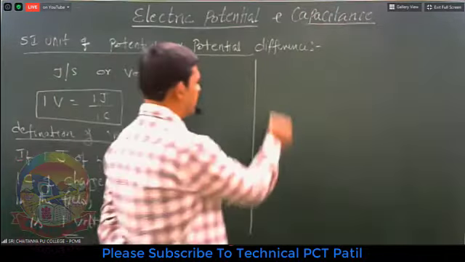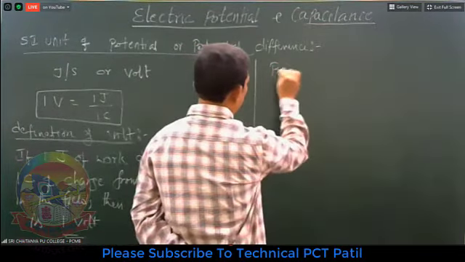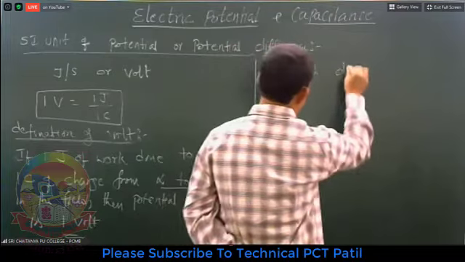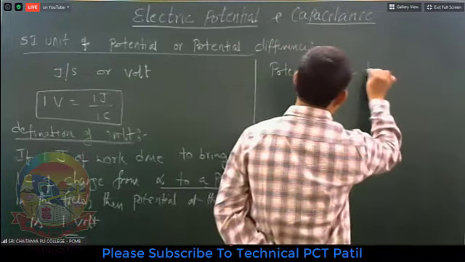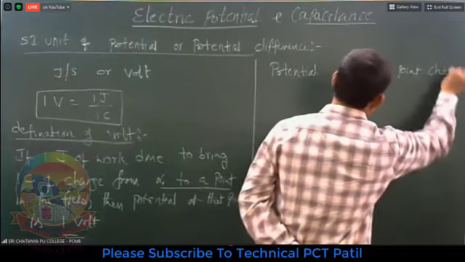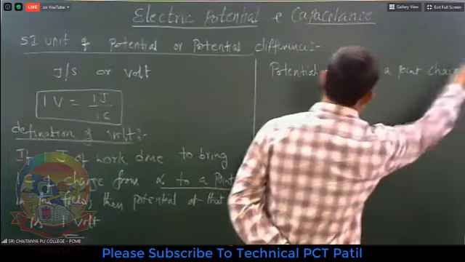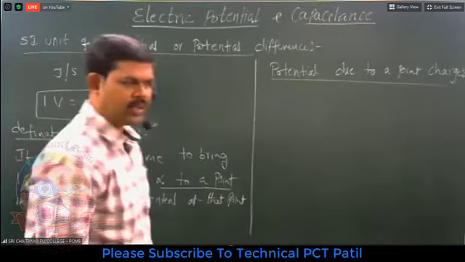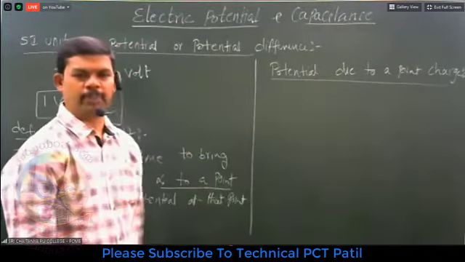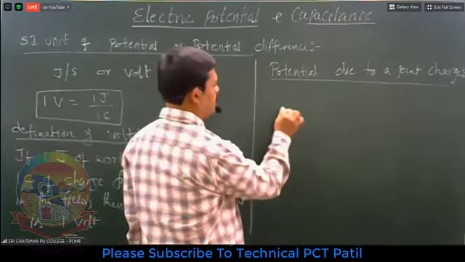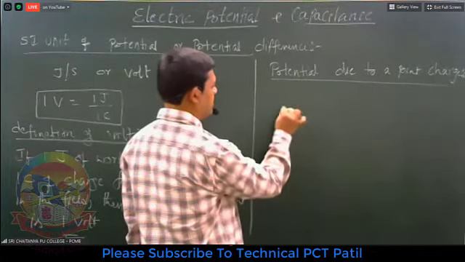In the last class, we derived an expression for potential due to a point charge. This is a point charge given to us.